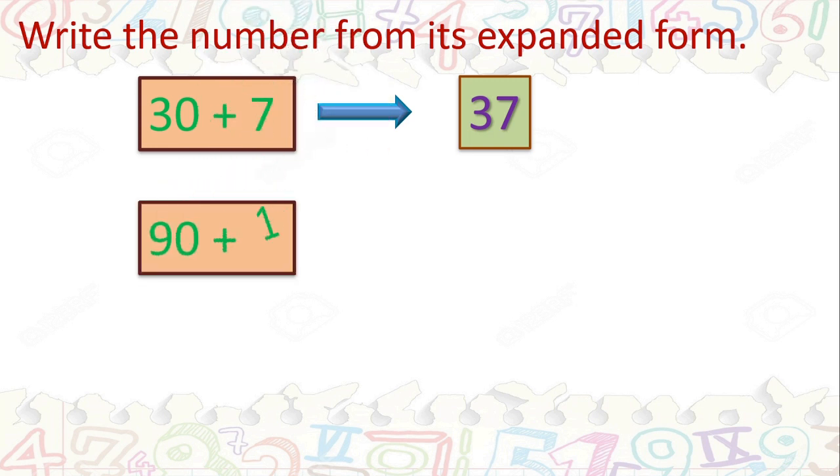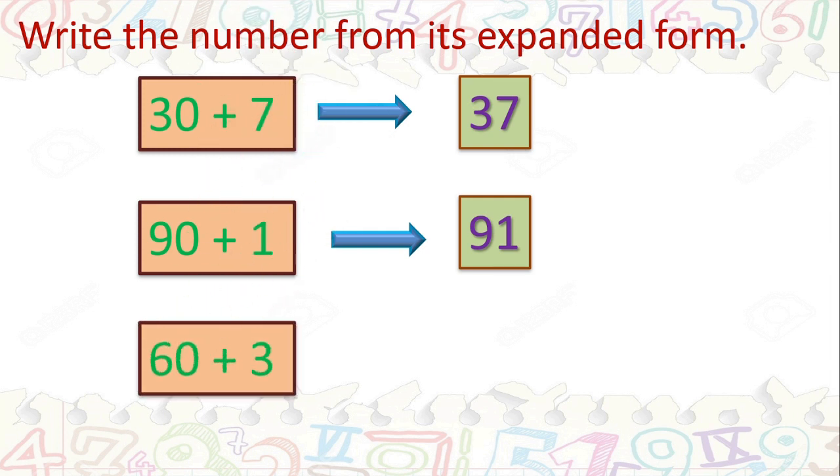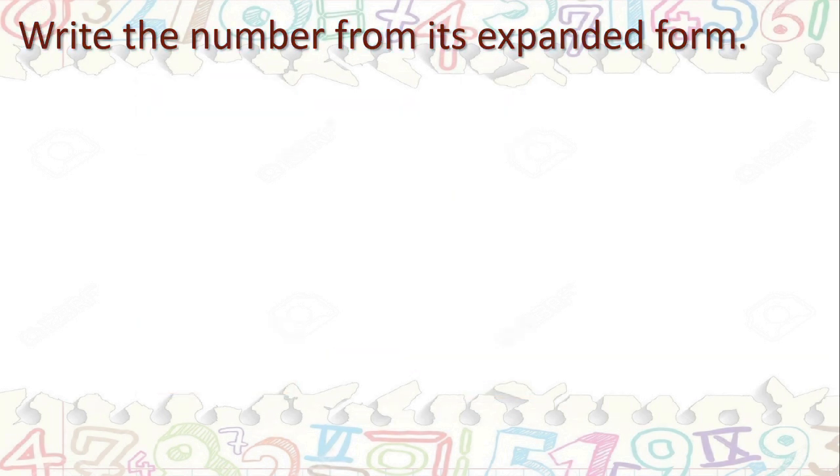Next, 90 plus 1 makes 91. Next, 60 plus 3 gives us 63. Very good. Next number, 10 plus 7.